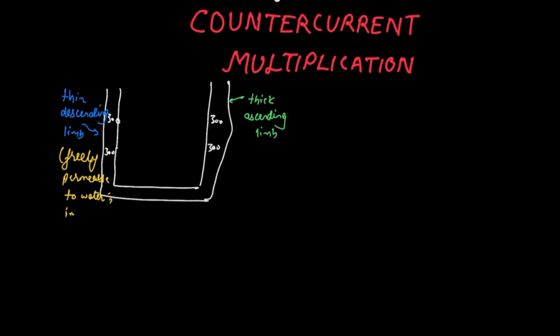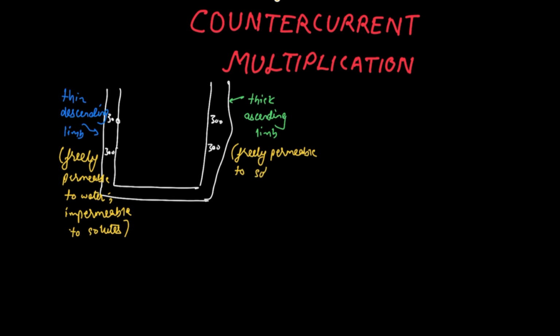So the thin descending limb is freely permeable to water and impermeable to solutes, while the thick ascending limb is permeable to solutes but impermeable to water, and therefore it is also known as the diluting segment.